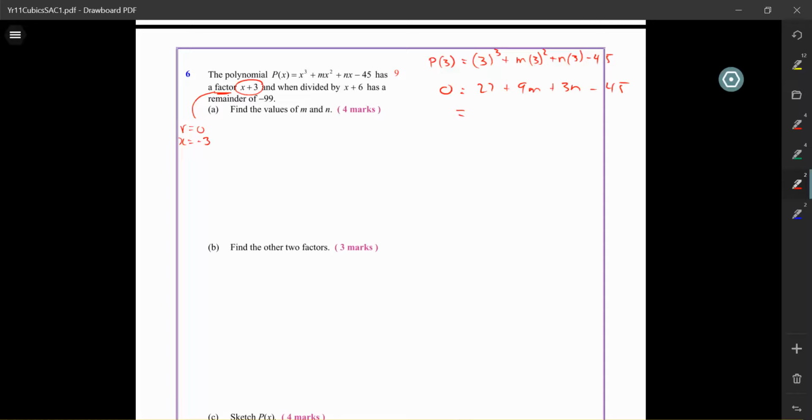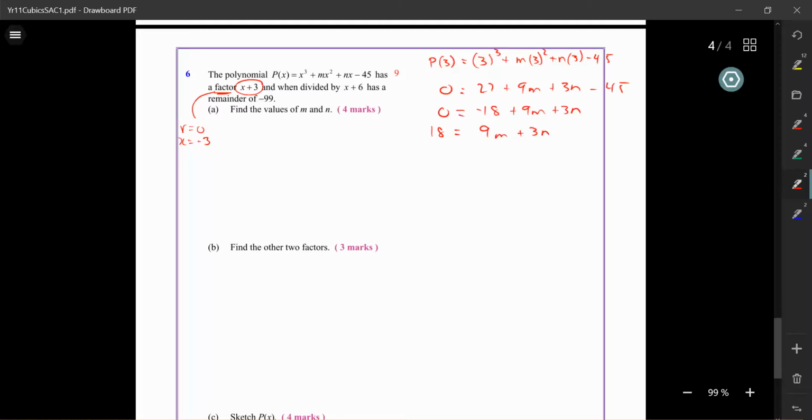Negative 18. So negative 18 plus 9m plus 3n. Add both sides by 18, and you get 18 equals 9m plus 3n. Personally, I like to simplify early, so I noticed that they're all factors of 3, so I'll divide them all by 3. And that gives you one equation.